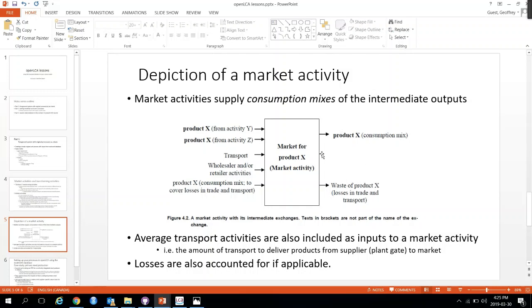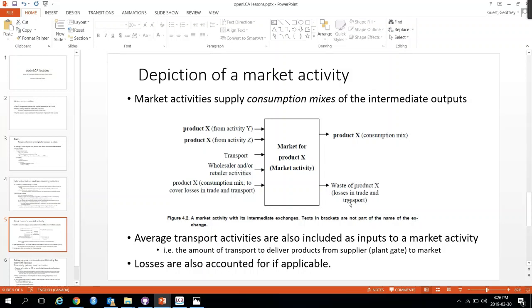And then you have your output being the reference flow of the product X for a consumption mix made up of activity, in this case Y, and activity Z. And then there can also very well be losses in trade, and so there might be some waste flow as well, as a negative input, as you see in openLCA inputs and outputs.